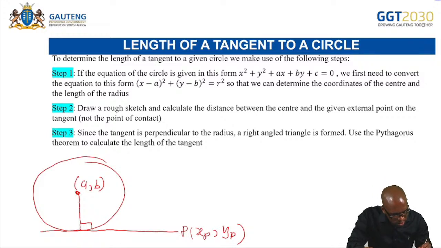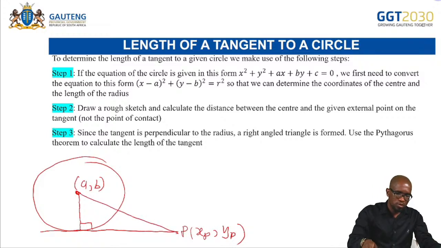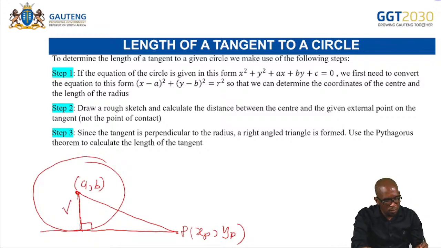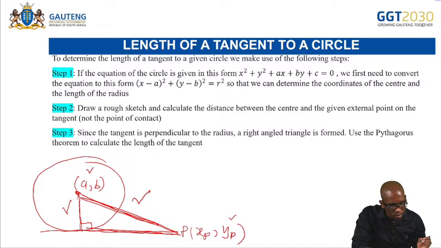And if we construct a line here to visualize this, you can see that we have a right-angled triangle. Now we're going to work out the length of the radius from the equation, so we'll know this one. And then we use the given points, this point here and that point there, to work out the length of the hypotenuse. And hence we can use the Pythagoras Theorem to work out the length of that particular tangent.